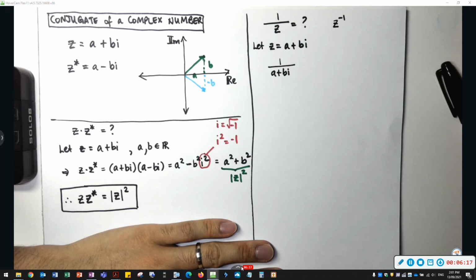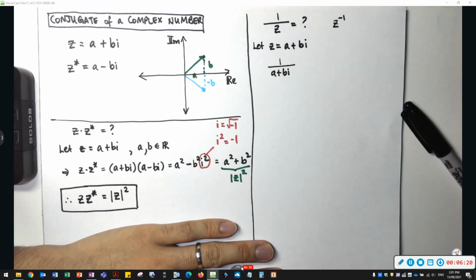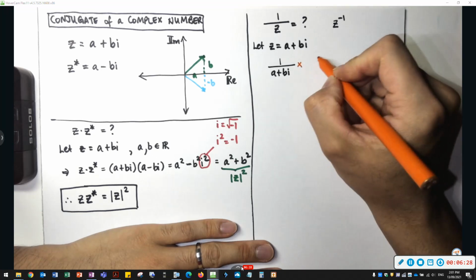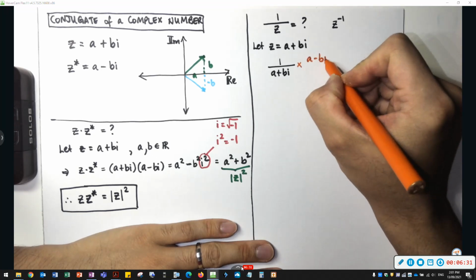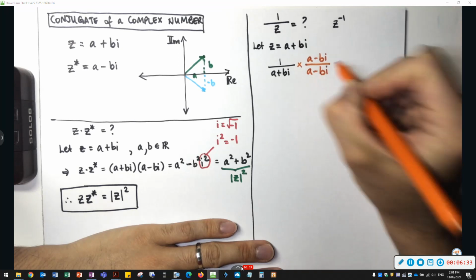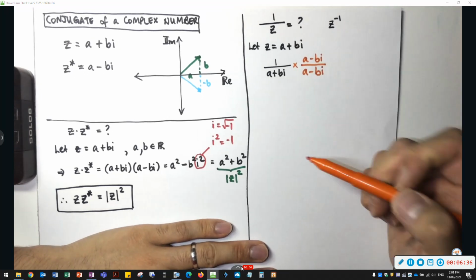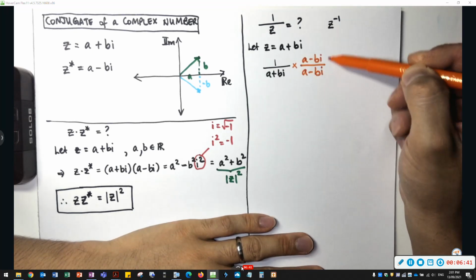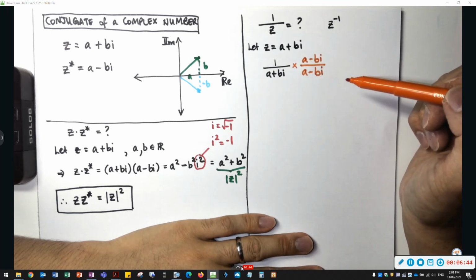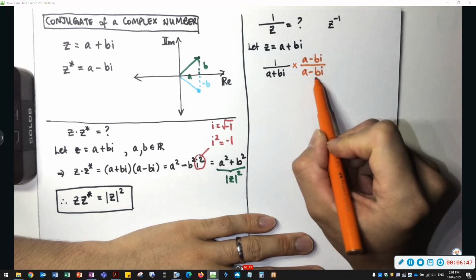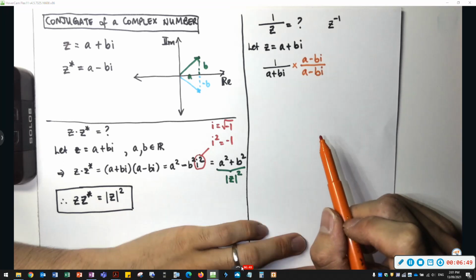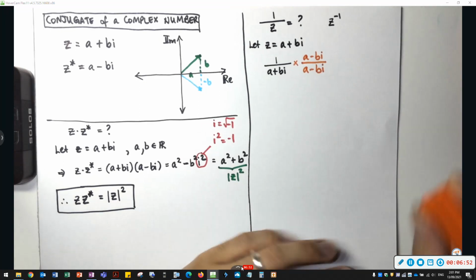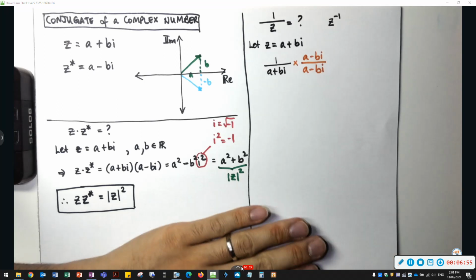So now we're going to get a different color pen, multiply by a minus bi on a minus bi. I'm not sure if you know why I chose to do that. Right, so firstly, this is equal to 1, so I'm not really changing the expression. But if you look at the bottom part, can you see I'm going to have a difference of 2 squares? Alright, so let's follow through with this, and hopefully you'll see the magic appear.